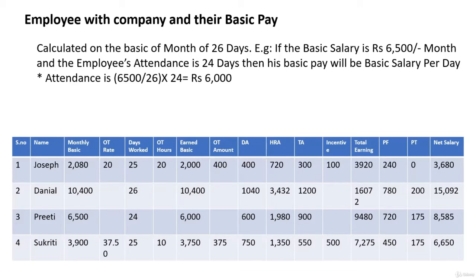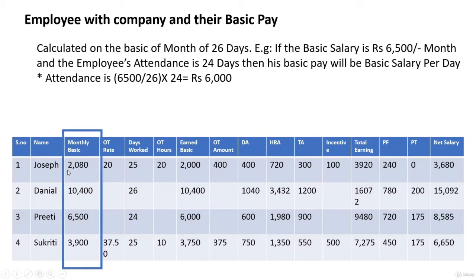Why? We have taken the total amount of basic salary, we are calculating the salary for 1 day by dividing by 26, and then we are multiplying by 24 days to calculate the salary for the present days. So it comes to 6,000 rupees.